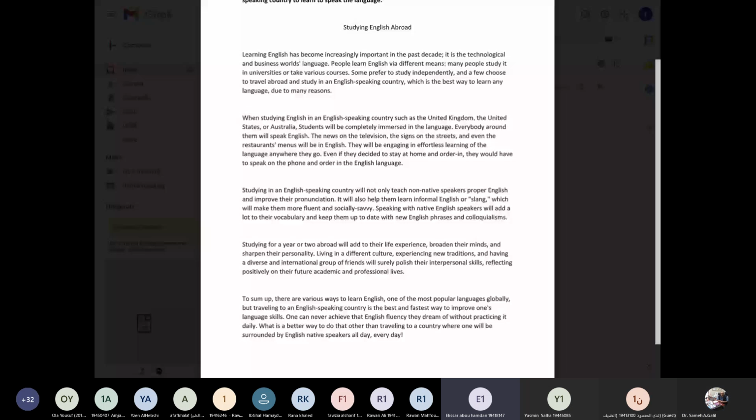I really like this one. Very well organized, very well written. Yes. And the design of it is really great, and the length of the paragraphs is exactly the same. Also, at the end, she sums up everything she mentioned above. That's good.